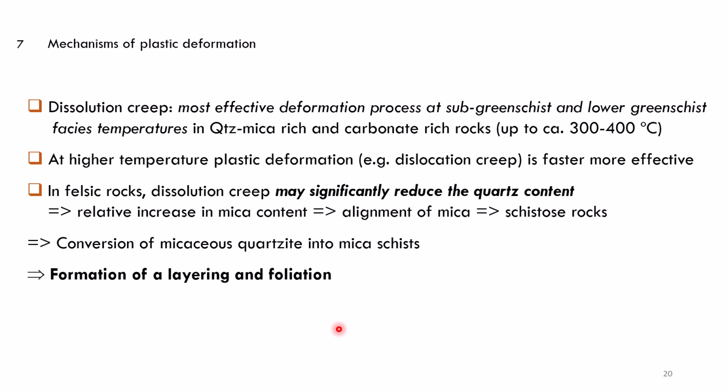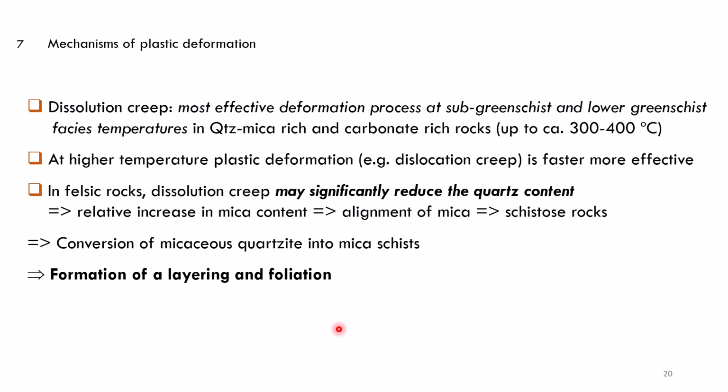And most foliations that we see in common pelitic or psammopelitic rocks in the crust initially will have been generated by dissolution creep. The conversion of micaceous quartzite into mica schists is also a process that often is not recognized.